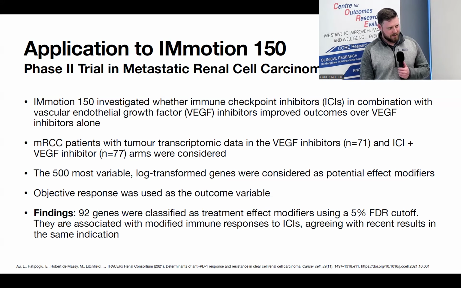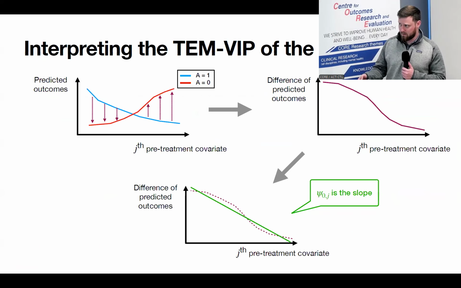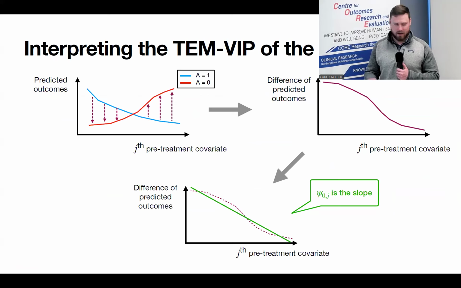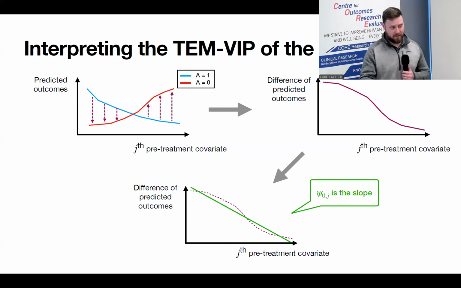Yep, that's a great question. Maybe I should go back over here. I'll answer your second question, then I'll go back to the first. What we're doing is finding the effect modifiers here, right? This helps provide some insight as to whether or not there is treatment effect modification. We're not yet at the level where we could identify subgroups that benefit more or less from the treatment.